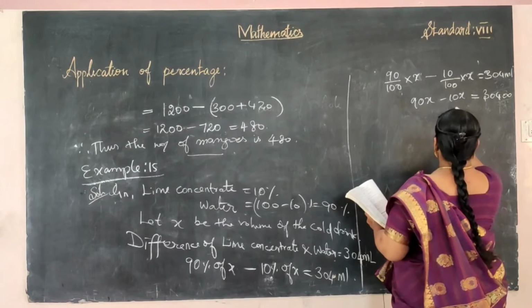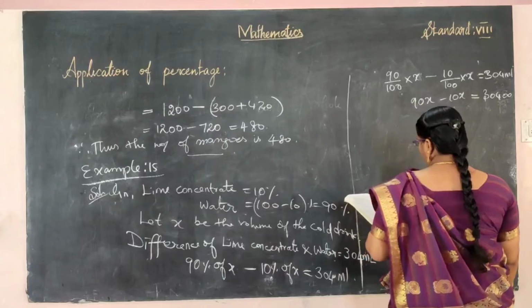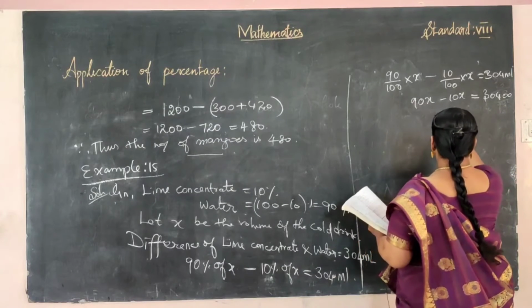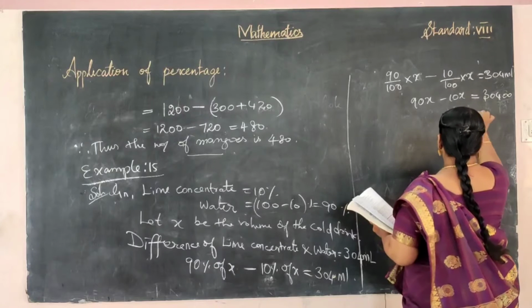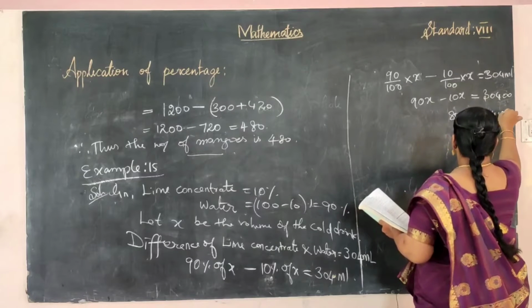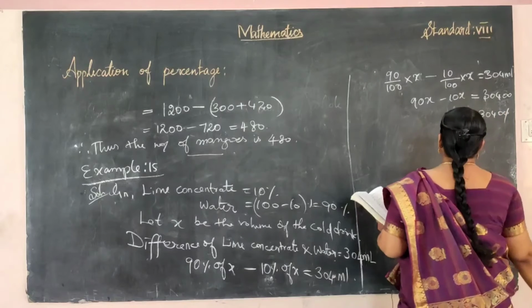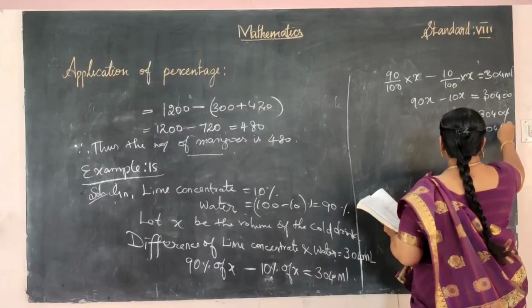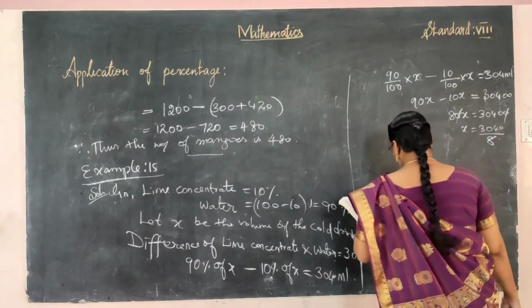What do we get? 90x minus 10x, we get 80x is equal to 30400. Zero cancel. So x equals 3040 by 8.